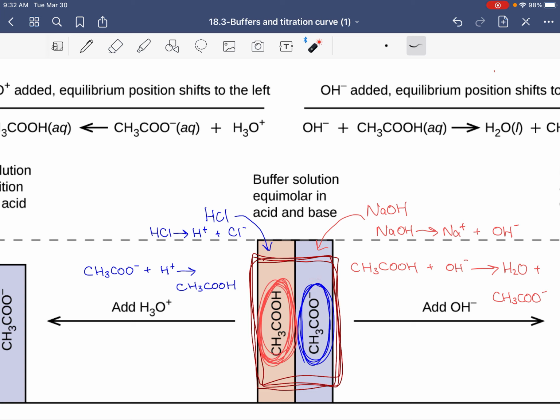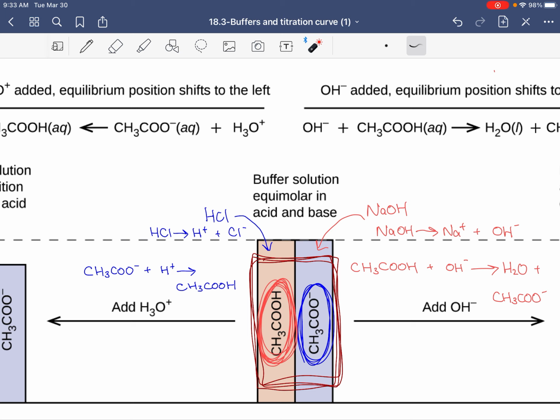Just like in this case, making acetic acid. No big deal, because my buffer solution has acetic acid in it already. So hopefully you can see how a buffer buffs, in a way, in that it has the ability to pick up H plus and pick up OH minus.